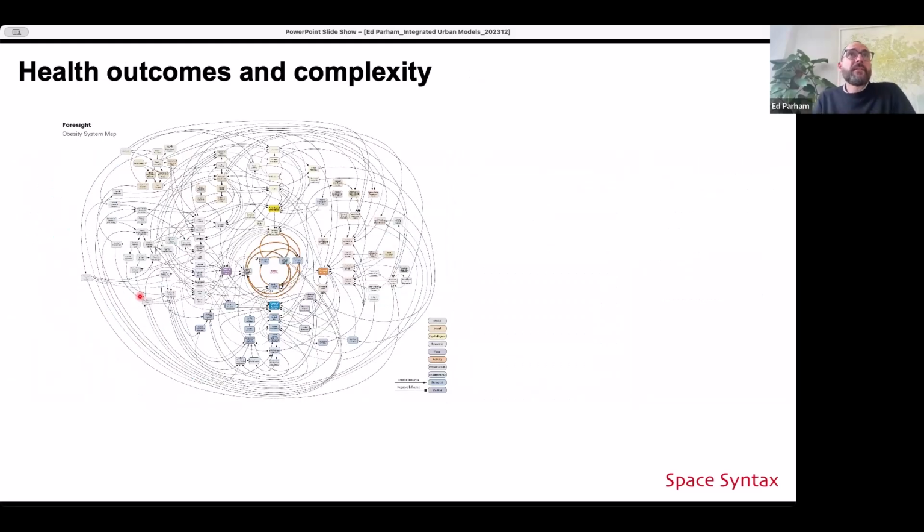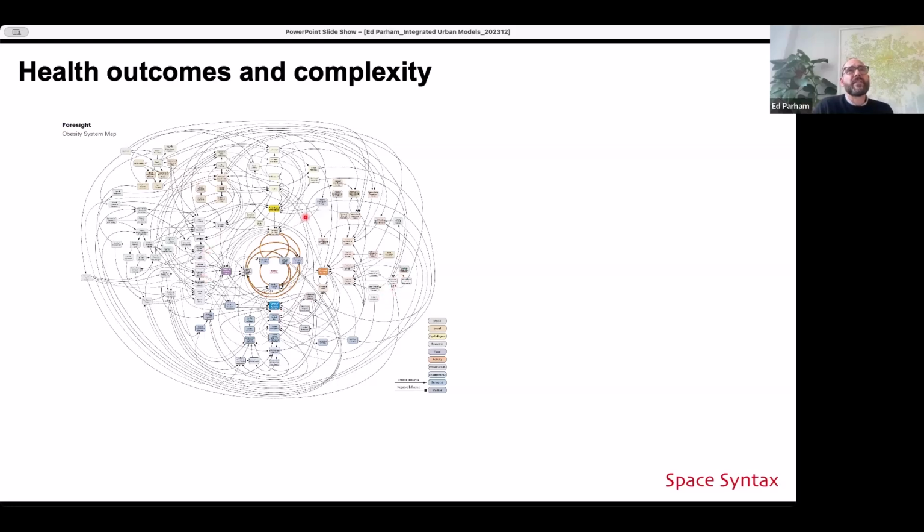So this point about outcomes is where we have to be really careful and really precise about things. Outcomes, especially things around health, are really, really complex. Now, this is a piece of work that was done by a group in the UK government a while ago, probably 6 or 7 years ago. And what they're looking at here is all of the factors that affect whether people become overweight and obese.